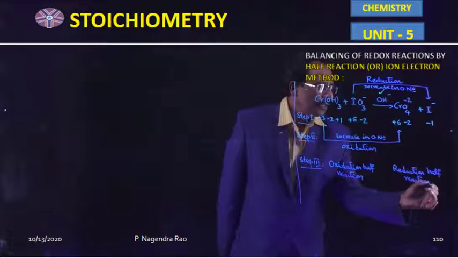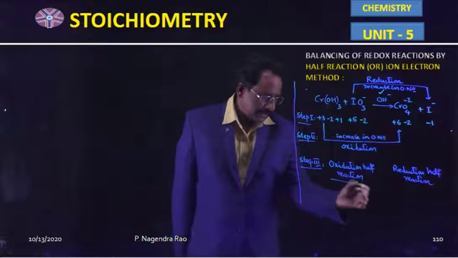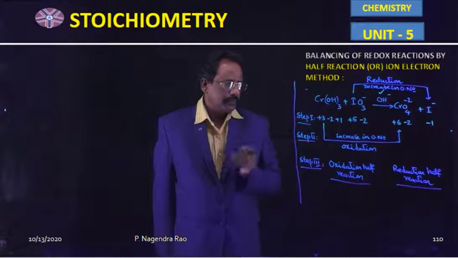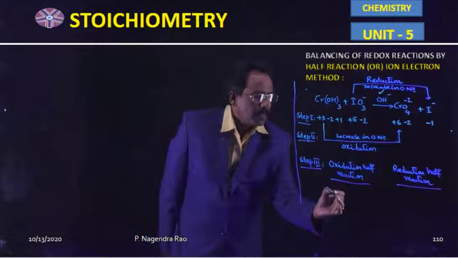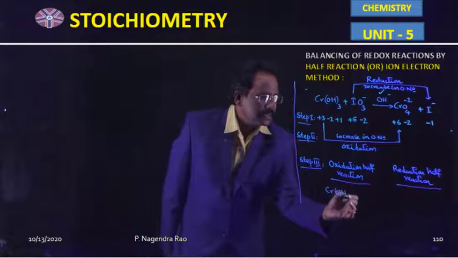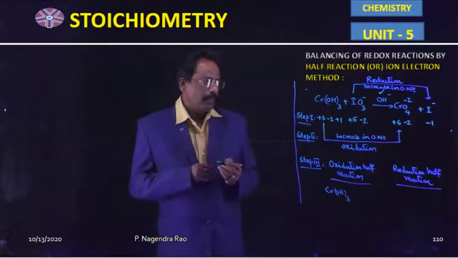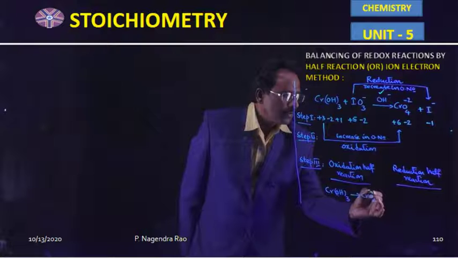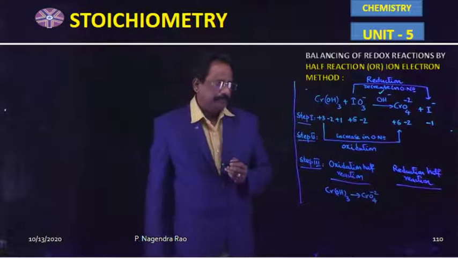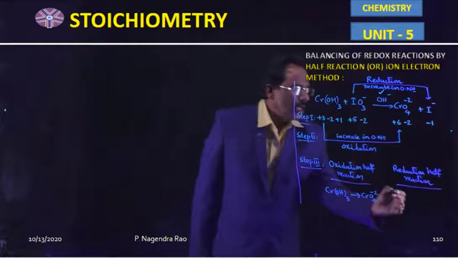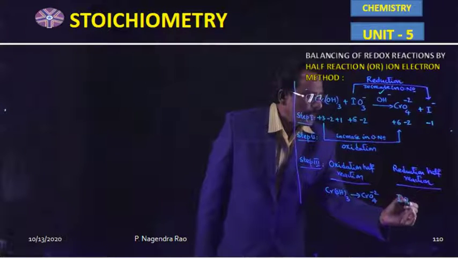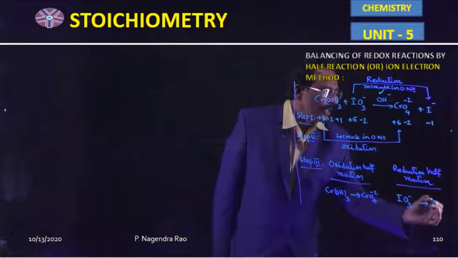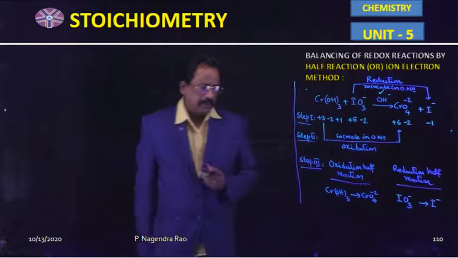In this example, the oxidation half reaction is Cr(OH)3 is oxidized to chromate ion, and iodate ion is reduced to I⁻ ion.